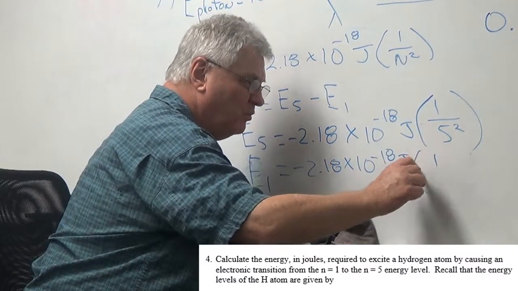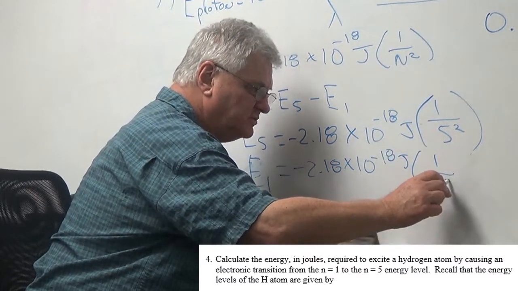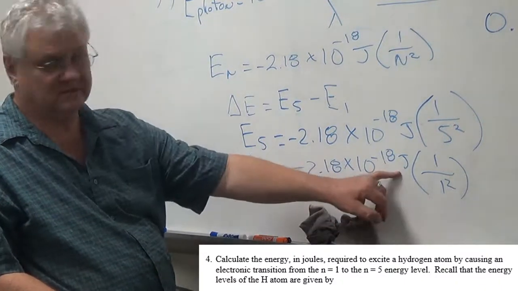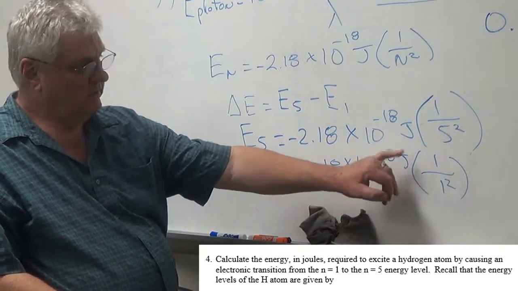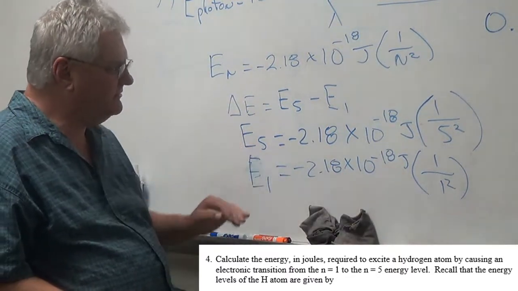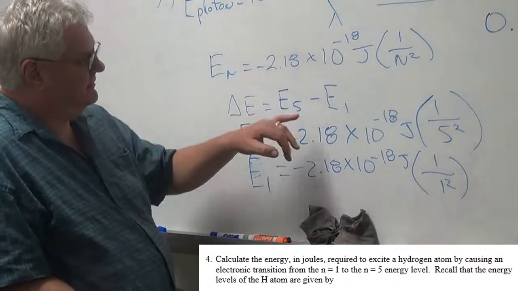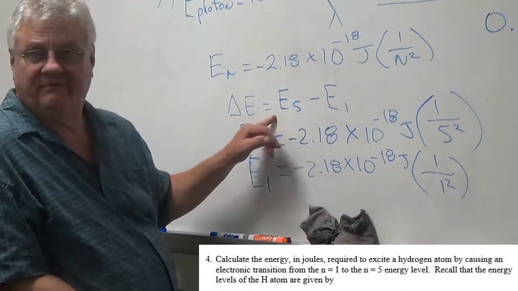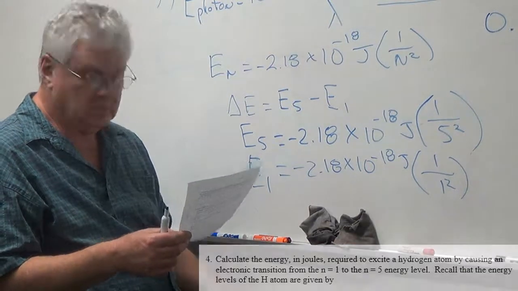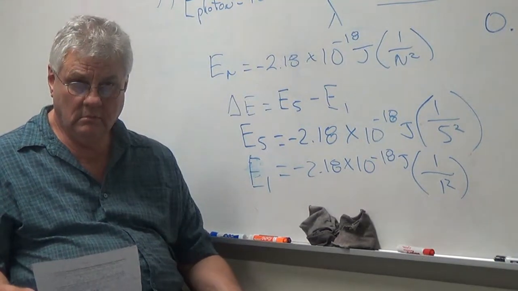Except it's got to be over 1 divided by 1 squared, which is the same thing as this, isn't it? This is going to be 1. 1 over 1 times this gives you this. Once you know each of these, you subtract E1 from E5 to get the answer. Does everybody see how to do that problem? Yes. Okay.